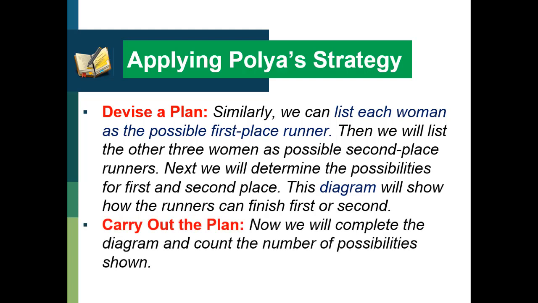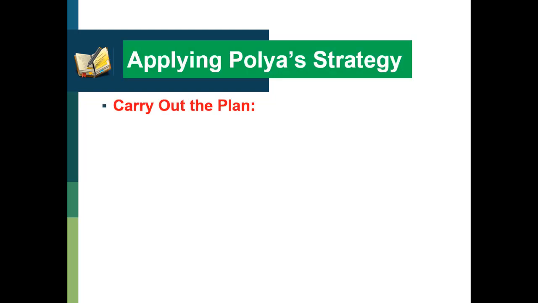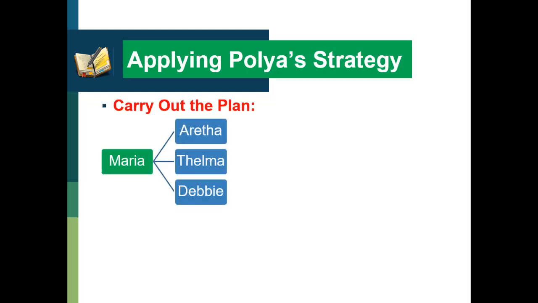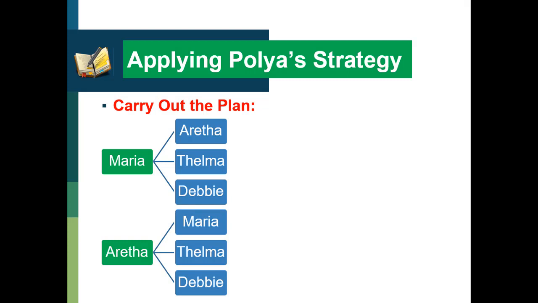Alright, I'm very excited, so let's carry out the plan. Now, we will complete the diagram and count the number of possibilities shown. Let's take a look at these diagrams. For the first diagram, Maria finishes first, but the other 3 runners can finish second. In the second diagram, Aretha finishes first.